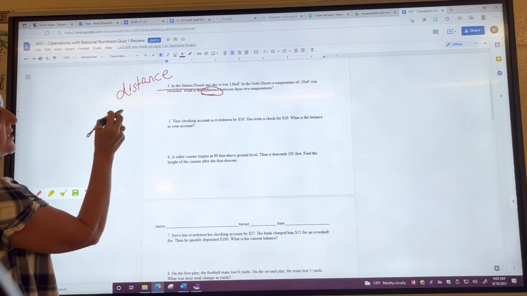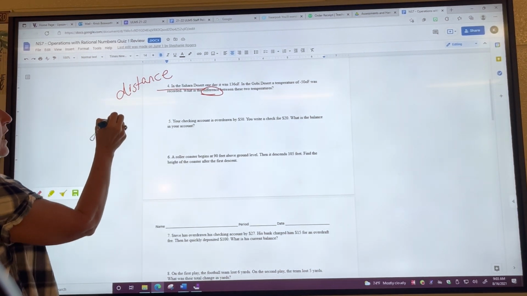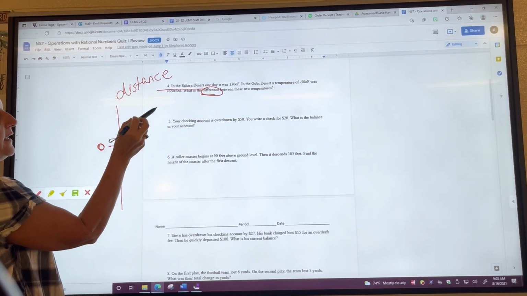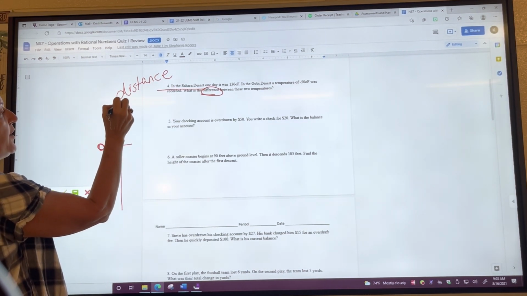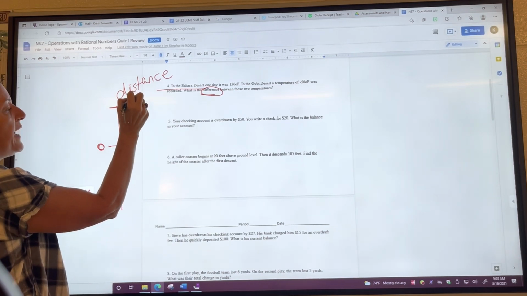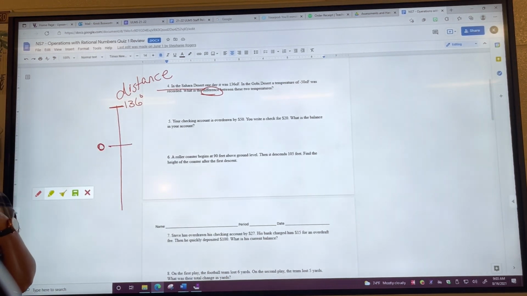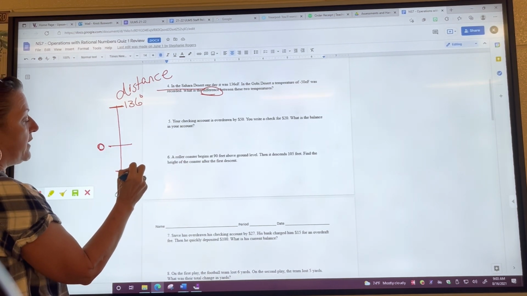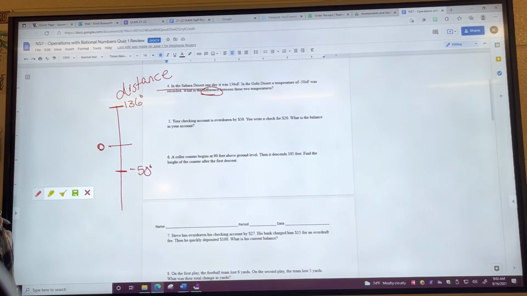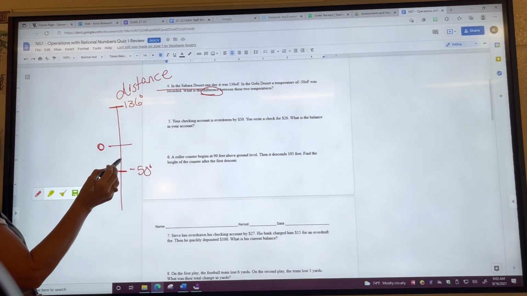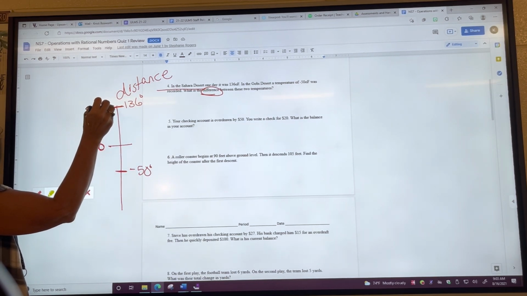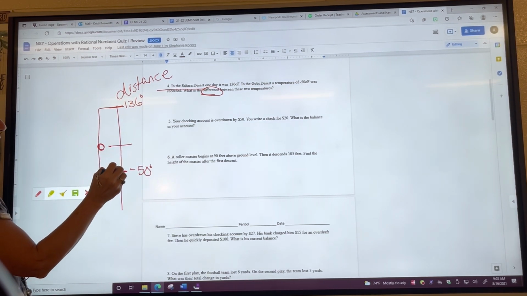So, in the Sahara Desert, and I draw it vertically because of the thermometer, okay? The Sahara Desert, it's 136 degrees. That's a positive 136, right? The Gobi Desert, it was negative 50 degrees, right? So, let's think distance. We want to know how far it is from here to here.